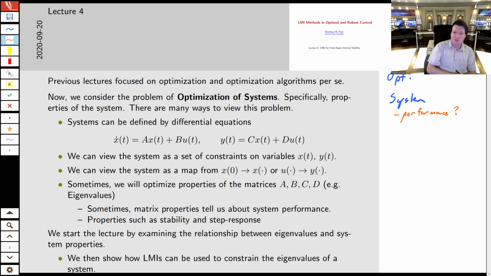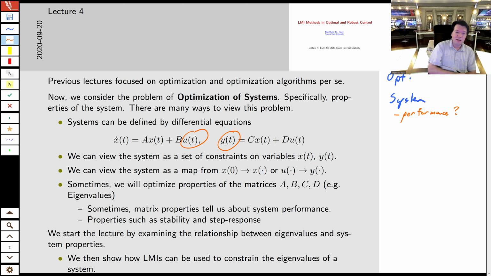Again, in this optimization framework, we have to very carefully quantify what it is we're looking at. So what is a system? I guess that's a good question. So a system maps inputs, right? We've got inputs here, to something else, which is an output. And so the map from the input to the output maybe tells us something about the system.